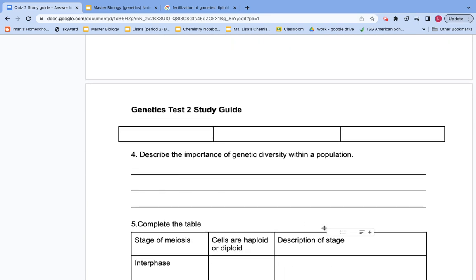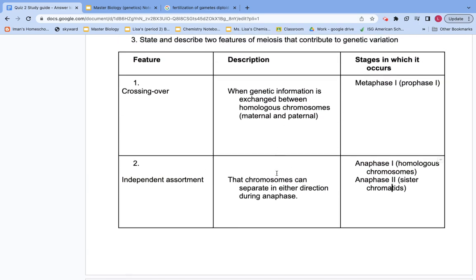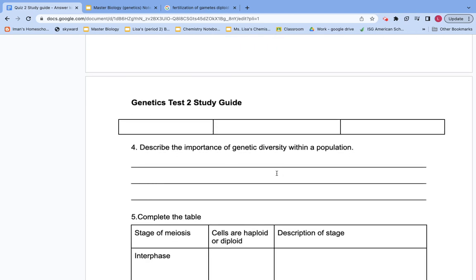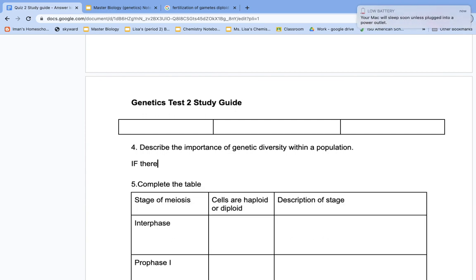These are the two ways that we can get genetic diversity through meiosis, but why is it important? We talked about it: if there is a catastrophe, for example, a new disease, and there is genetic variation within the population, there's a higher likelihood that there will be individuals that have the genes to survive that catastrophe.